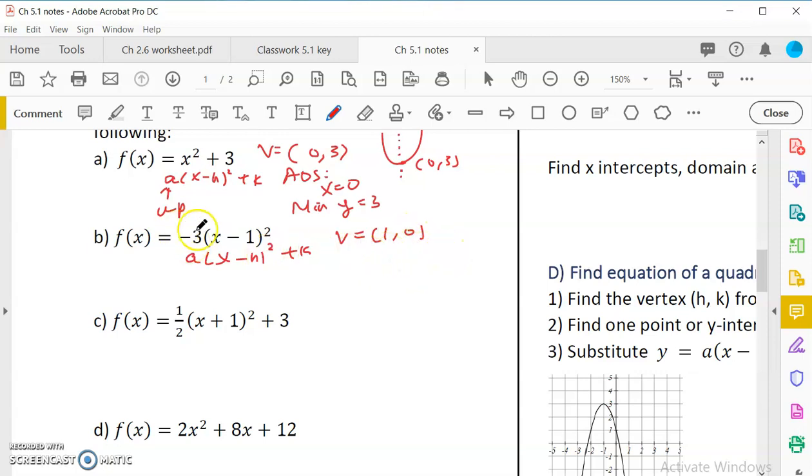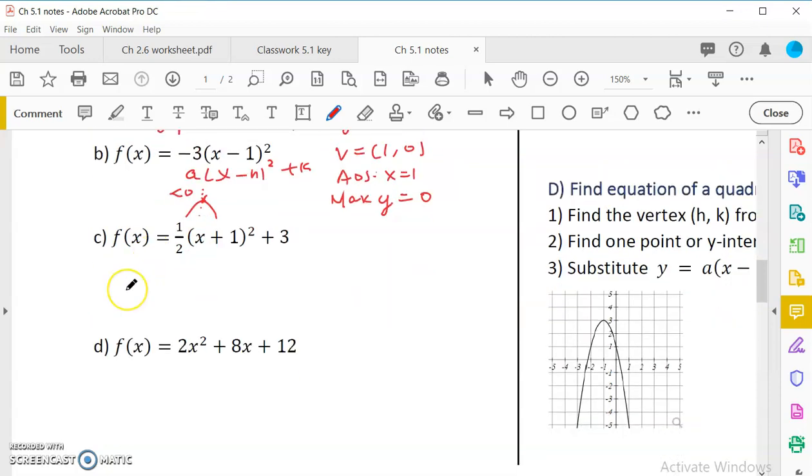But my a is negative, so it is a down parabola. Down parabola means I have a maximum point. Maximum y is, what is the y value? It's 0. And what is my axis of symmetry? It would be symmetrical around x equals 1. So that's a vertical line that goes through, this is x equals 1.